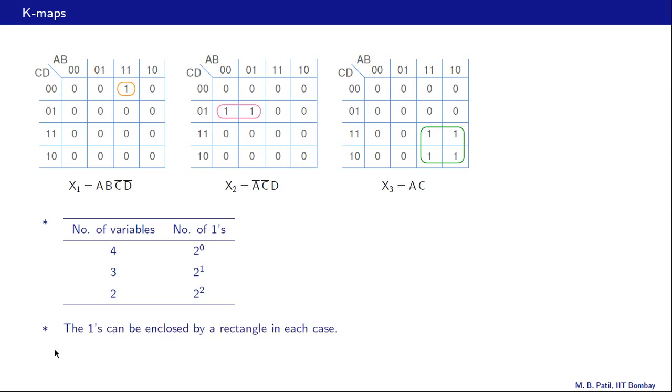Alright, so that was about the number of ones, and now we want to talk about the position of these ones. How do these ones appear in the K-map? And if we look at these examples, we realize that the ones can be enclosed by a rectangle in each case.